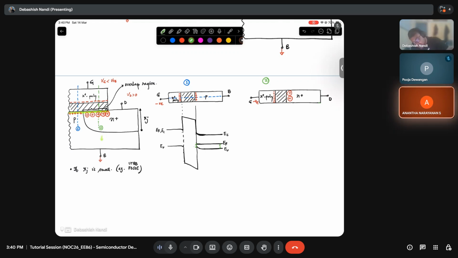That means at the surface it is more P type, right? That means holes are getting accumulated there. Fine. Now let's draw this one.